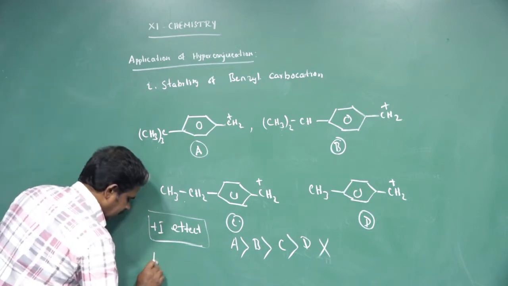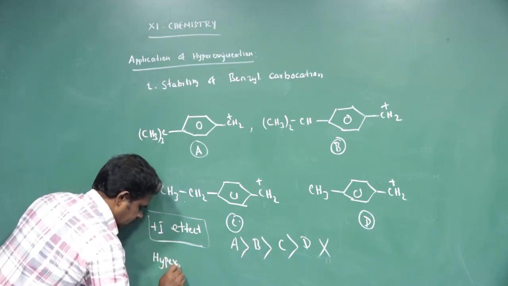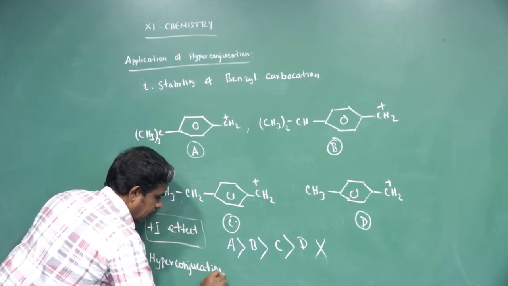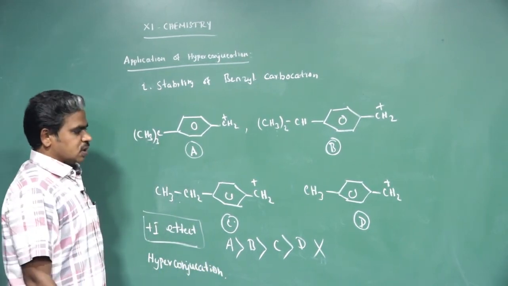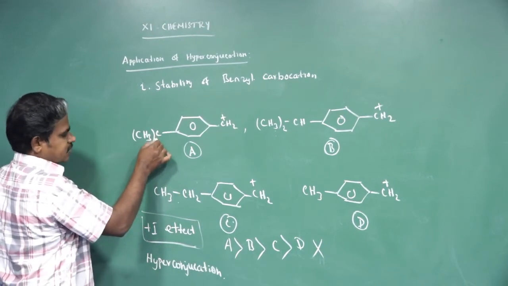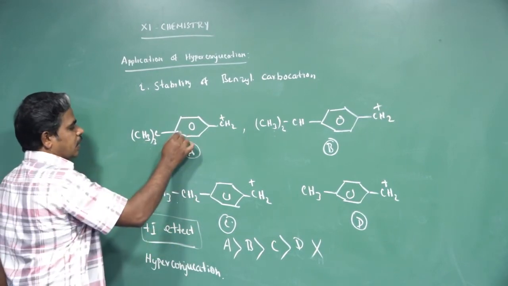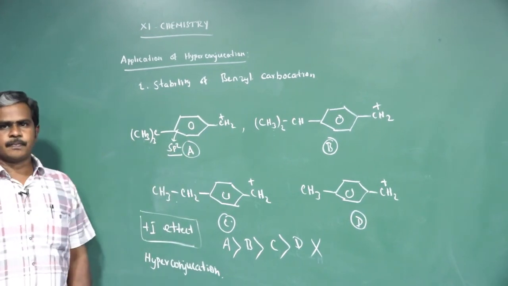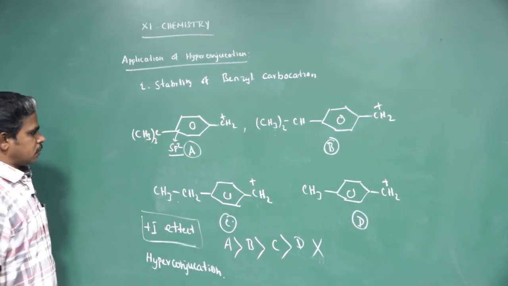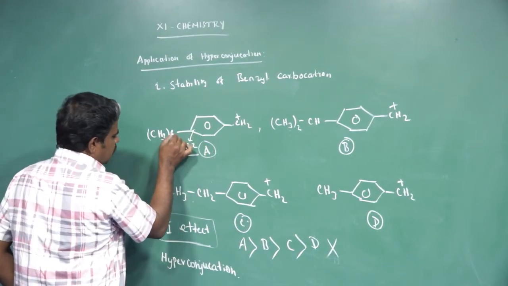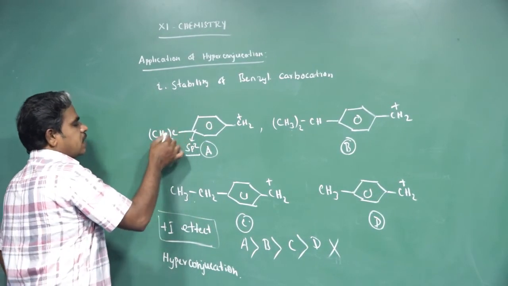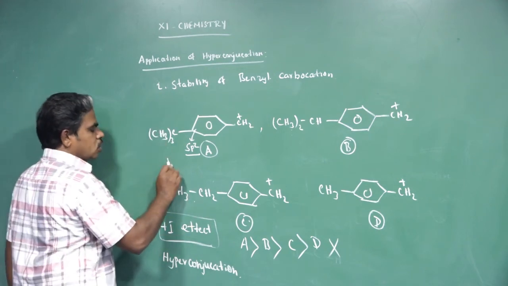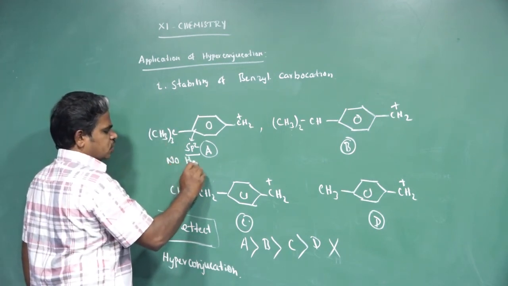Now we take hyperconjugation. In A, the positive carbon is sp2 hybridized, and adjacent to it there is no C-H bond, so there is no hyperconjugation.